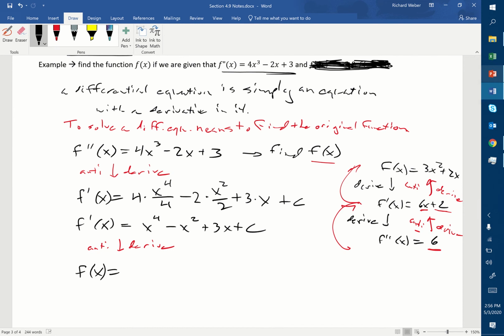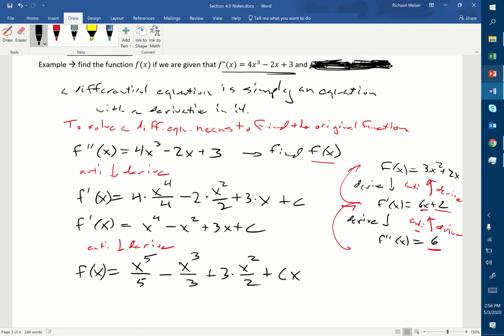We go like this. So this is now x to the 4 plus 1 is 5 over 5, minus x to the 2 plus 1 is 3 over 3, plus 3 times x to the 1 plus 1 is 2 over 2. This is weird, watch. Plus c, that's a constant. What do we do when we anti-derive a constant?